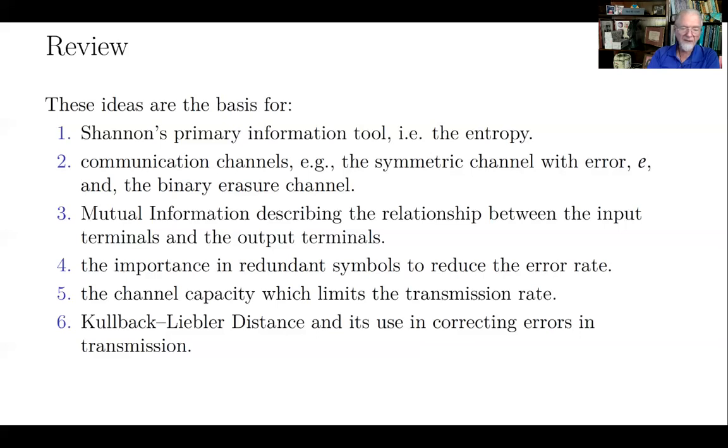We talked about the Kullback-Leibler distance in its use for correcting errors in transmission. Now, one of the things that we had to deal with was the fact that although it's called a distance, in geometry it's not. So it's a pseudo distance, but it can still be used in correcting errors in transmission.